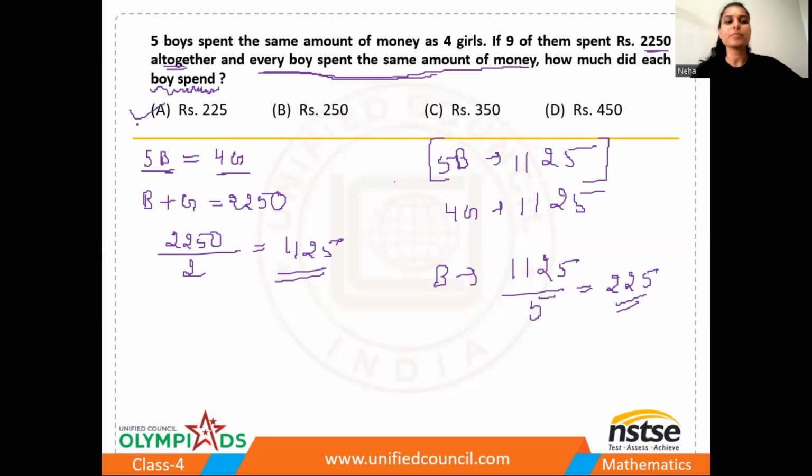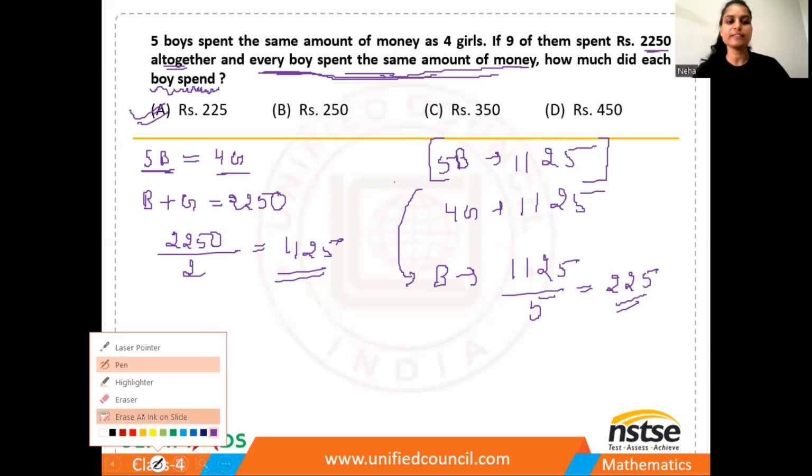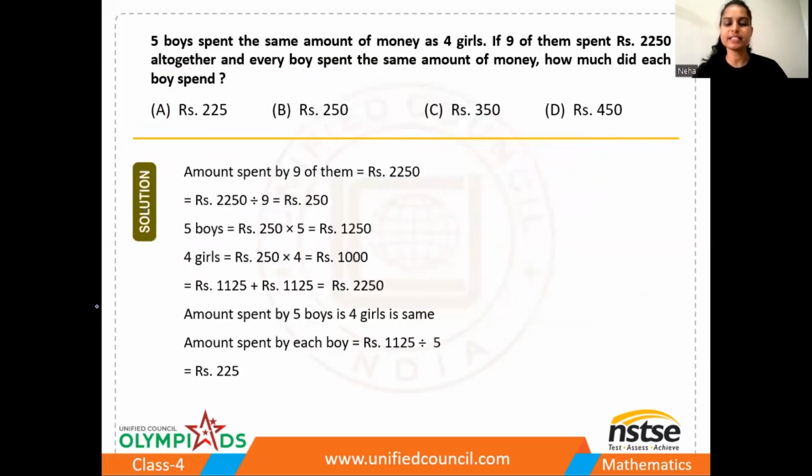So yes, option A is the right answer, because in the question it is given that every boy spent the same amount of money. So I can directly divide it by 5 and you will get your answer. Perfect. So 225 is your answer, and this is the detailed solution for the given question. So the very first question for today is done.